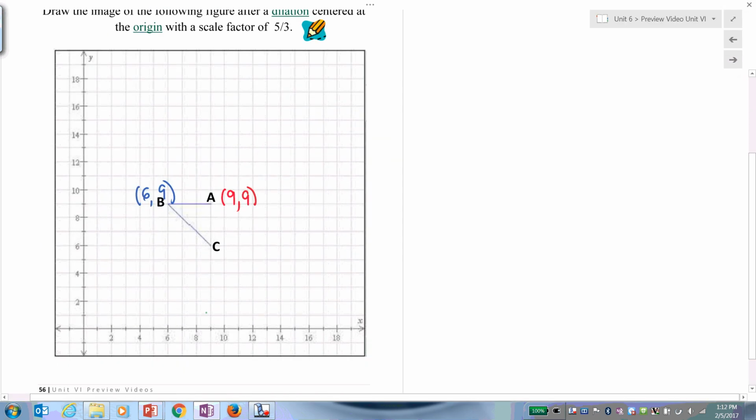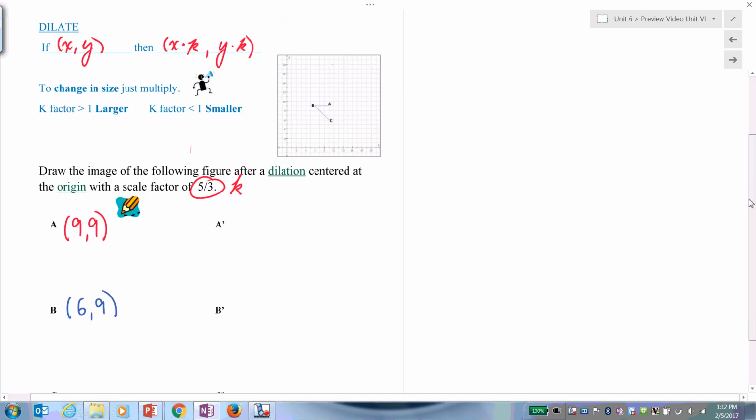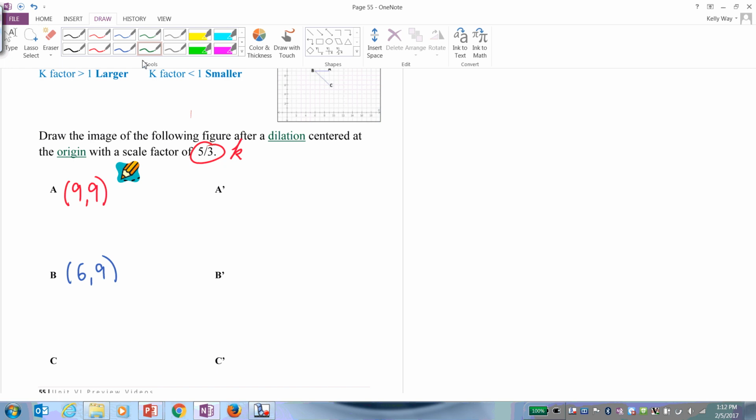And C is sitting at 9 and 6. So we have this shape here that we are going to dilate by 5/3.